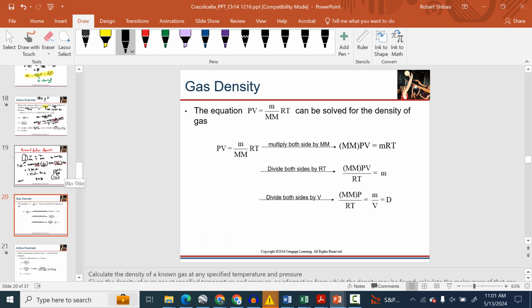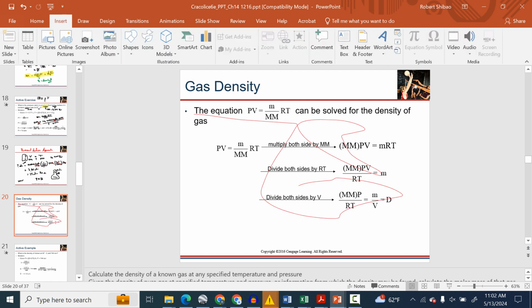Okay, we could do the same thing for the density. We saw that the density is related to the molar mass. We could derive this equation easily. I do it the same way we did for the molar mass.